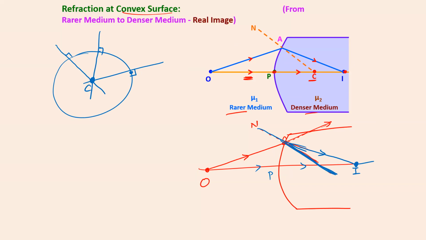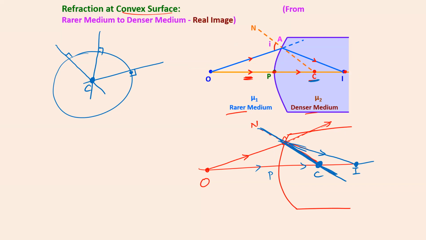Always for a curved surface, whenever we draw a normal, it will pass through the center. So this normal is passing through this point. That means it is our center of curvature, as you can also see in the above diagram.